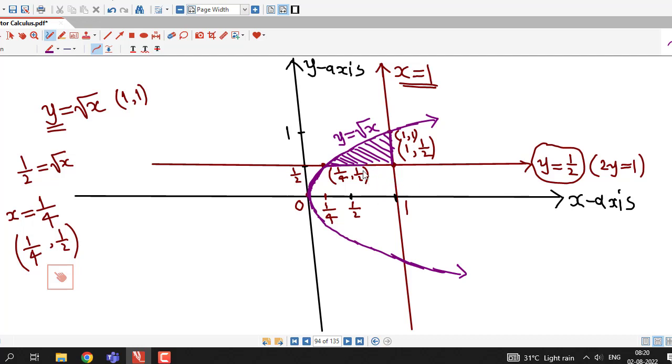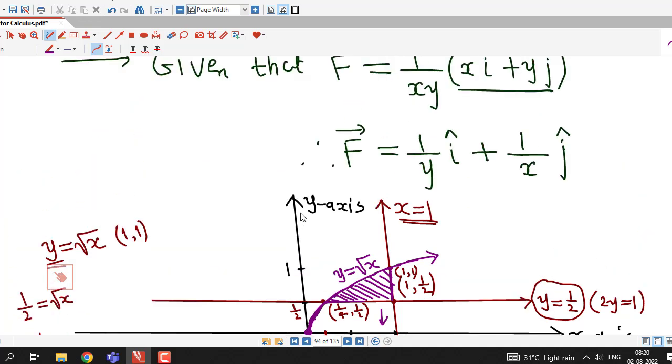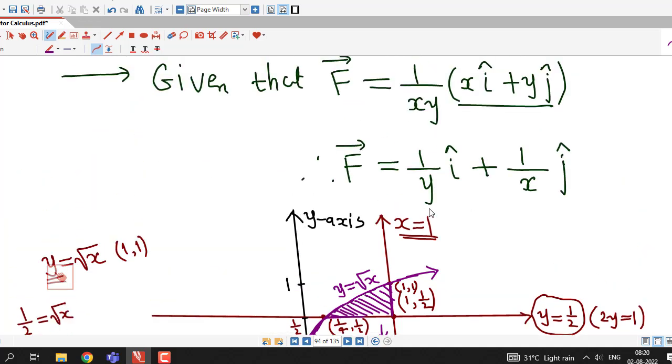The lower region is also bounded by y equal to square root of x, x equal to 1, and y equal to 1 by 2, this region. But we will not consider this region because it includes the origin on its boundary, and our function f bar is undefined at the origin. If we take y equal to 0, x equal to 0, f bar is undefined.